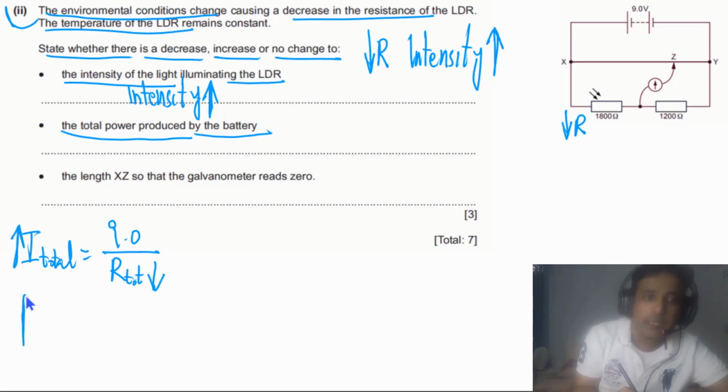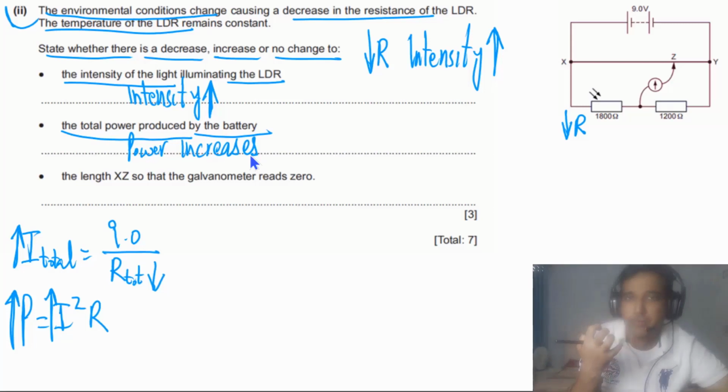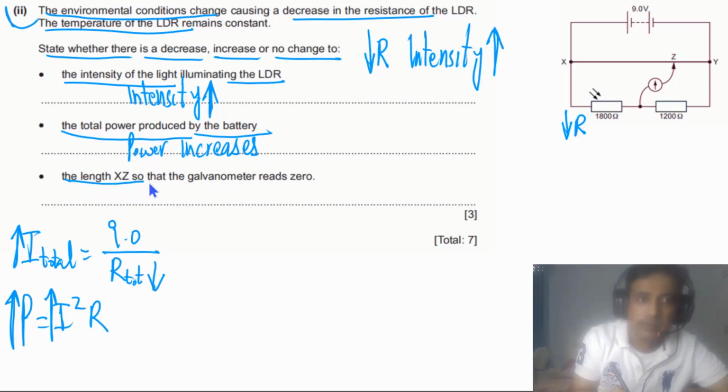So as current increases, power is equal to I squared times R. So current in this case increases, so the power produced by the battery will also increase. So we will say power increases because more current is coming from the battery. So the battery is giving more energy to the charges per second. So power increases.